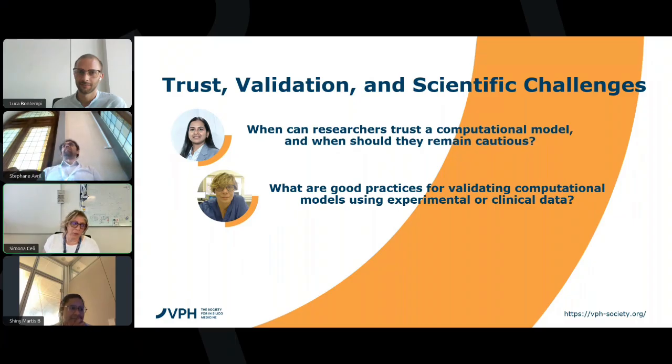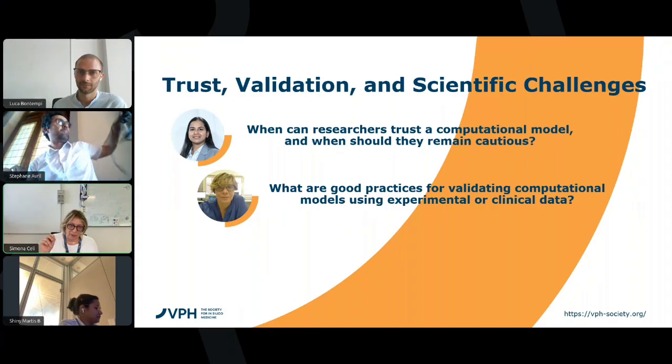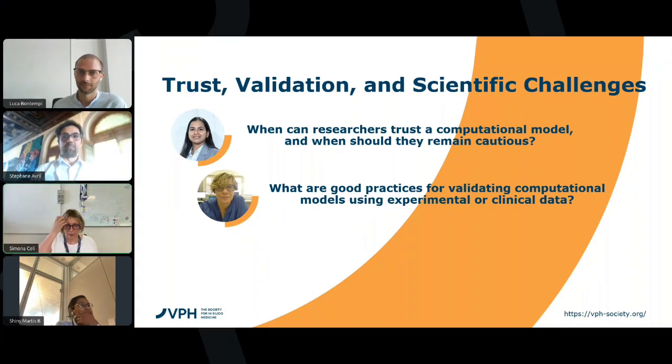I think it could be useful to reformulate the concept of how we can validate our computational model with experimental data and with clinical data.